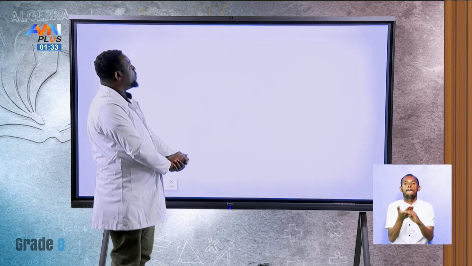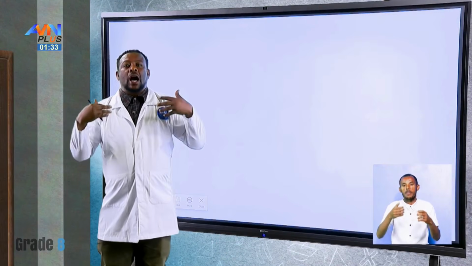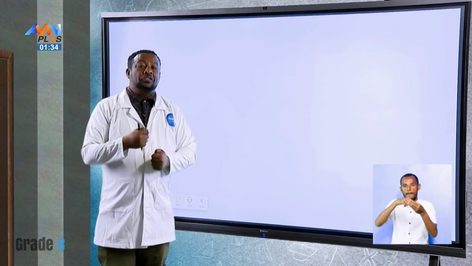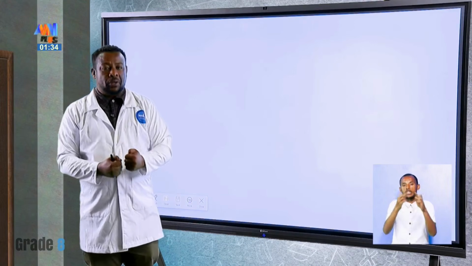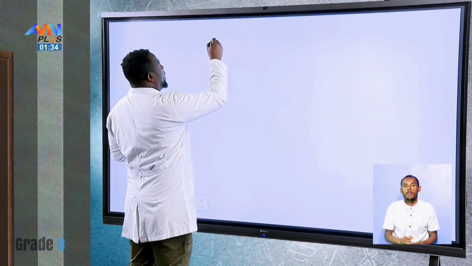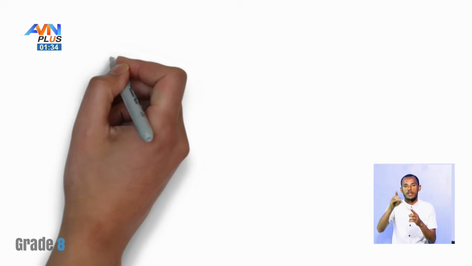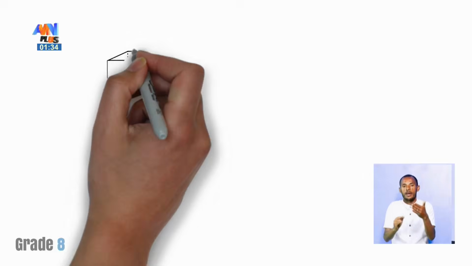Before we start discussing word problems related to a cube, I want to tell you roughly about the geometric shape of a cube. A cube is a solid figure, a 3-dimensional solid figure having this kind of shape.